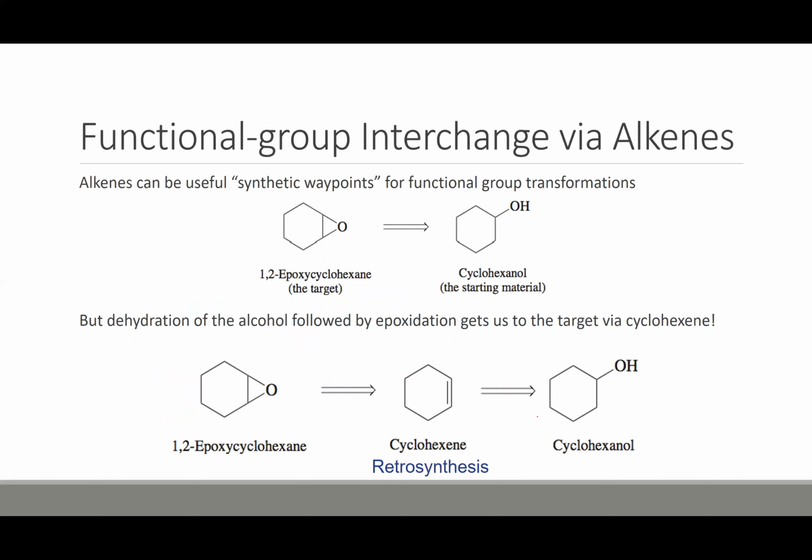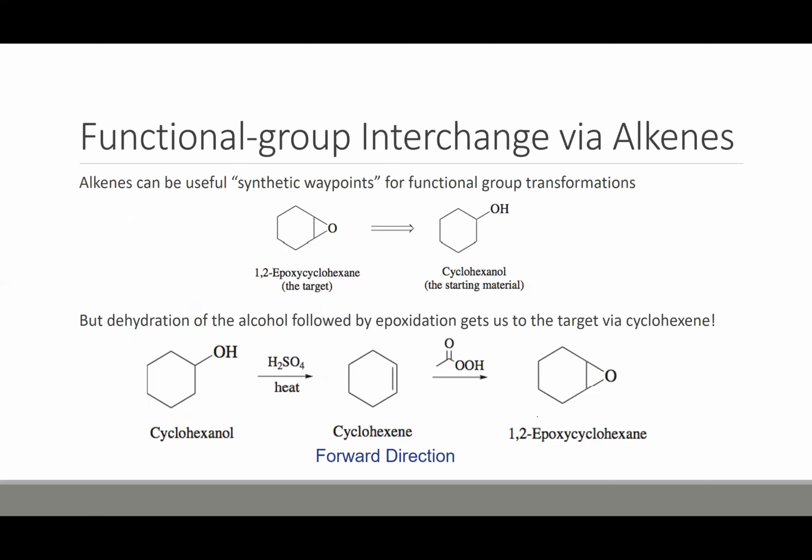So as shown below, again, we know that a 1,2-epoxy cyclohexane can be made from cyclohexene, which can be made from cyclohexanol. And if we were to write this now in the forward direction, this is starting with the alcohol and showing our final product, the epoxide that we want, we can now add in all of the information.